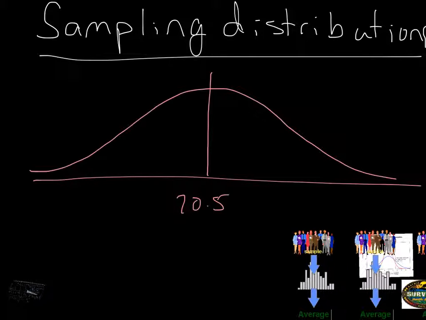Now, I'm going to ask this: what if I take every single person that took that test, and then I start making SRSs, simple random samples, of 25 from that population? And I keep doing it, and I keep doing it.